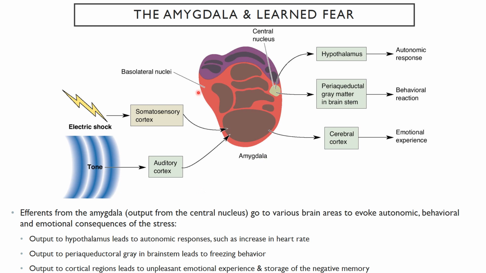So it takes in this sensory information and processes it, connects it to lead to activation of the hypothalamus to induce an autonomic response through the sympathetic nervous system. It's also going to lead to brainstem areas to induce a behavioral reaction. And it will also impact the cerebral cortex as well. There's some impact through other aspects of the amygdala to shape the emotional experience.